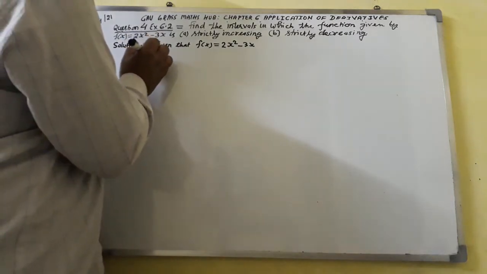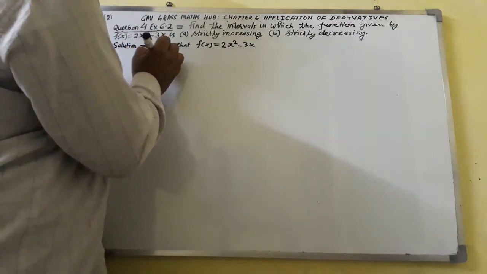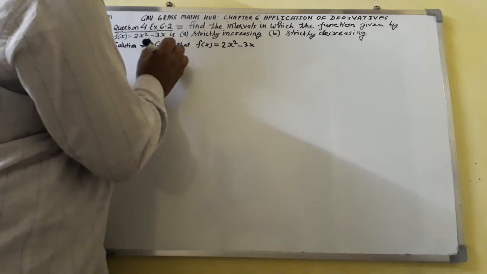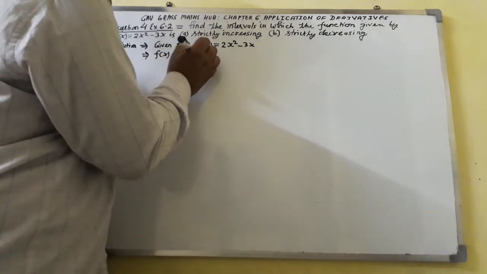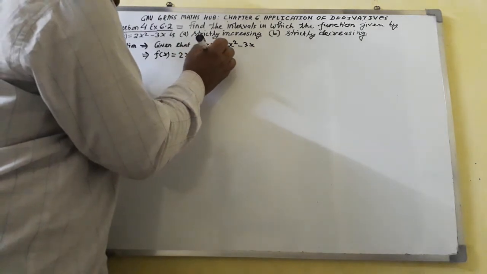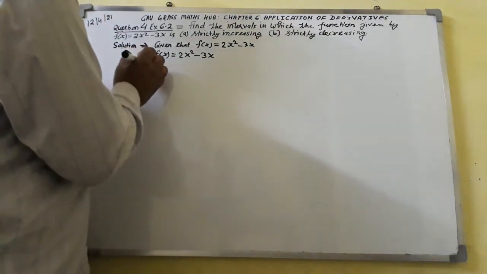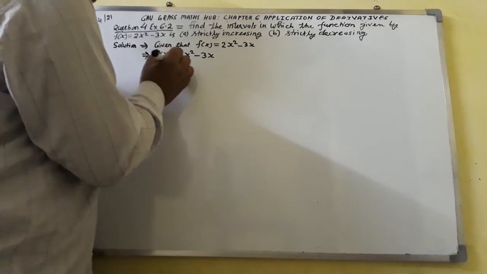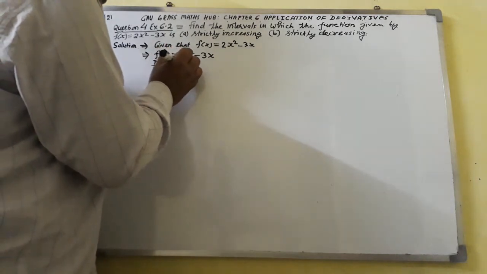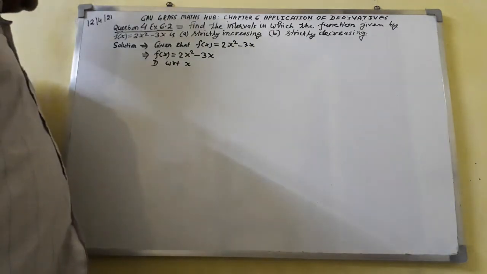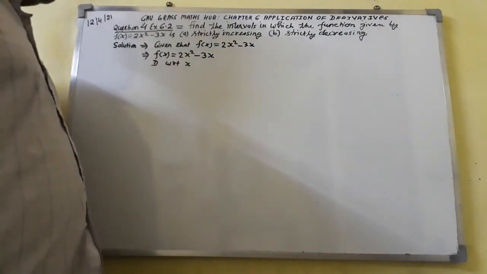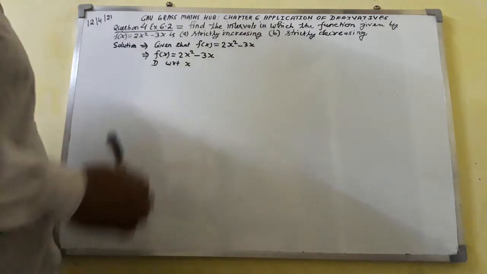Again I shall write f of x equal to 2x square minus 3x, and differentiate with respect to x. Differentiating f of x with respect to x.